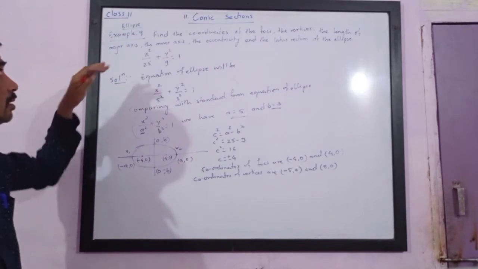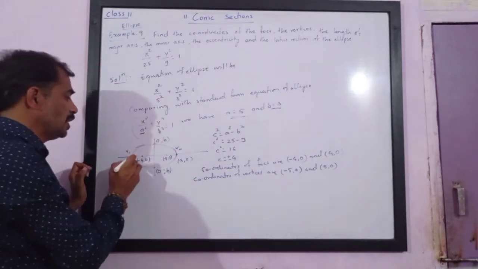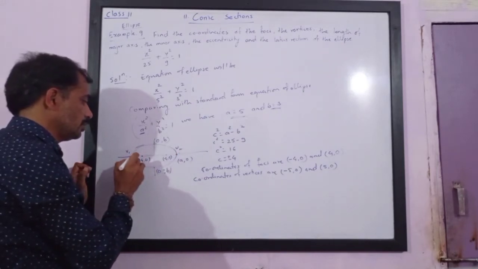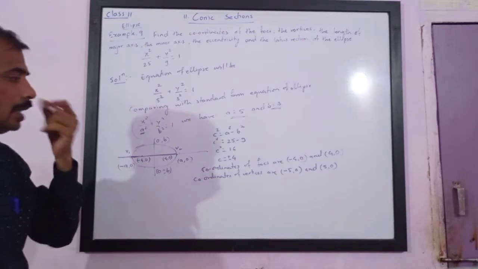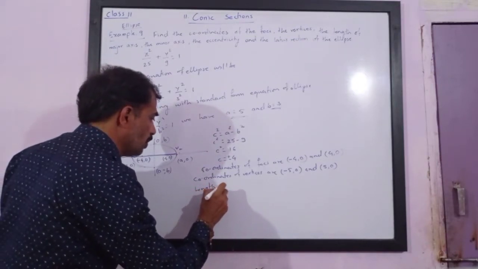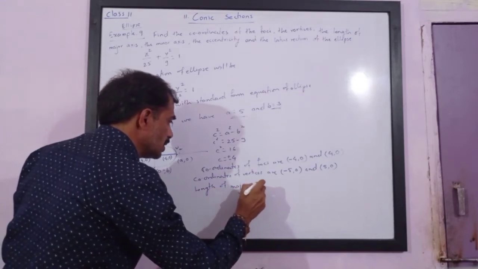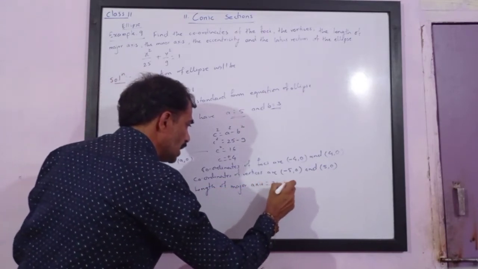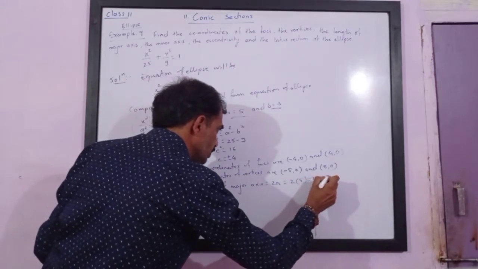Then the length of the major axis, please note, from here to here, is equal to twice a. So the length of major axis is equal to twice a, that is 2 into 5, which is equal to 10 units.